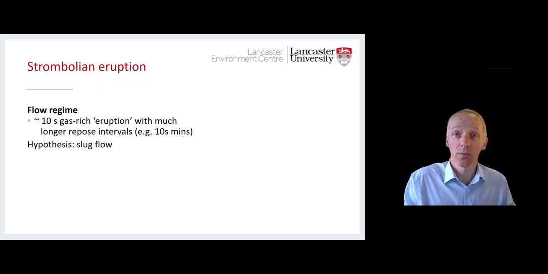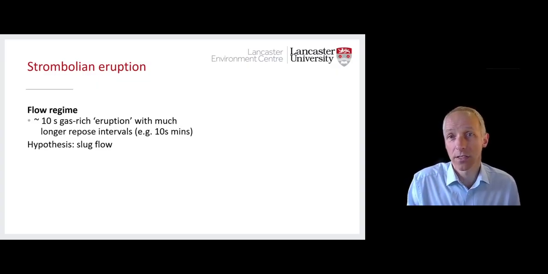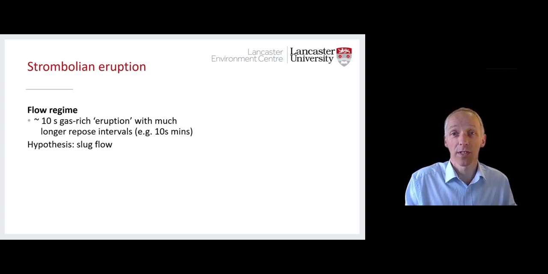From field observations, we can suggest a generalized description of Strombolian activity as a relatively short and gas-rich eruption, maybe tens of seconds in duration, which ejects clots of liquid magma up to a few hundred meters or so above the surface. Individual eruptions are typically separated by longer repose intervals of order minutes or more.